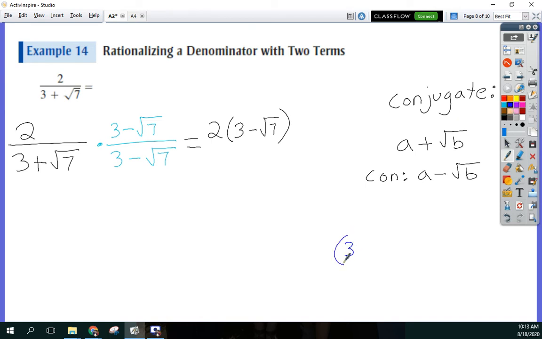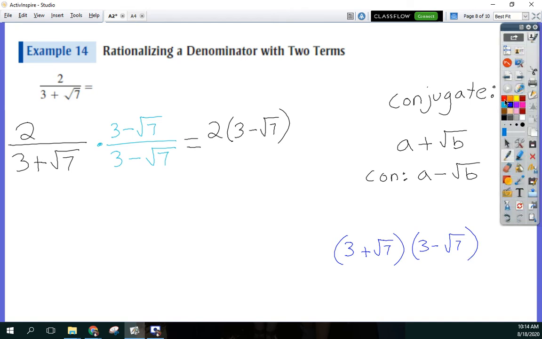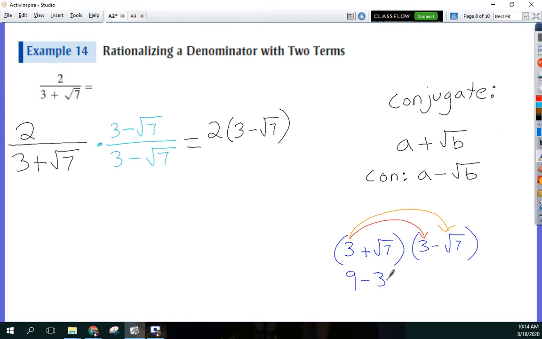So I have 3 plus the square root of 7 times 3 minus the square root of 7. So we need to first do 3 times 3, which gives us 9. Then we need to do 3 times negative square root of 7, which gives us a minus 3 square roots of 7.